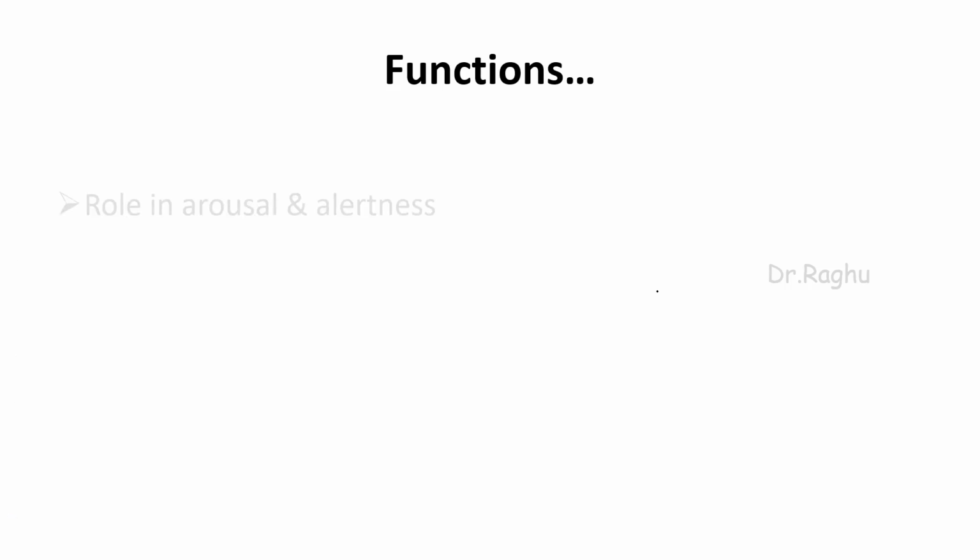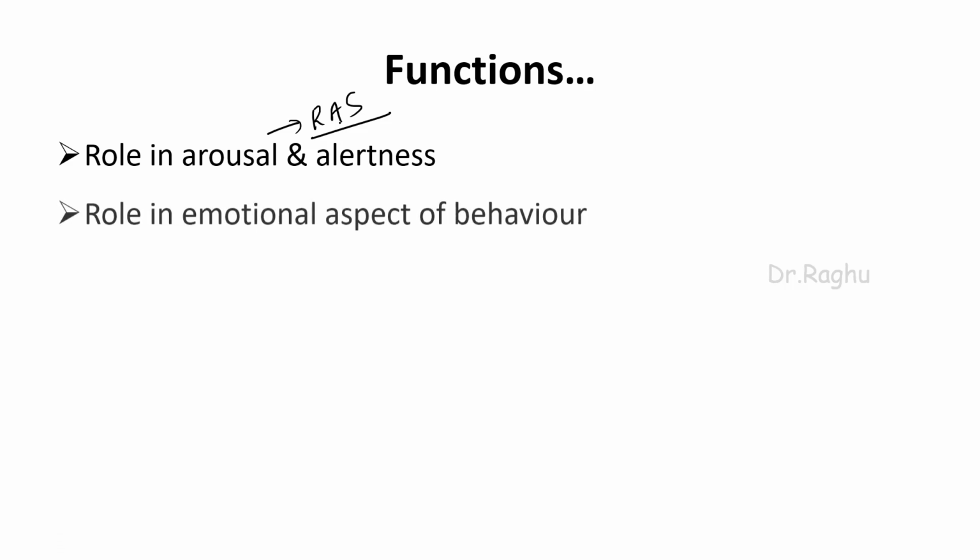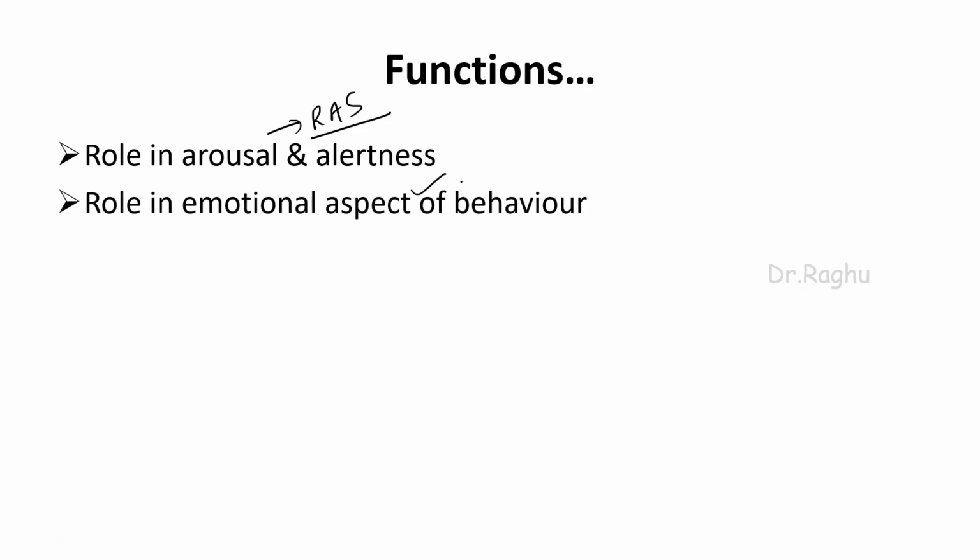Coming to the next function, it has got a function in arousal and alertness. Why? Because it is having connection with what is called the reticular activating system. Next, it has got a role in emotional behavior of the person. Why? Because of its connections with the limbic system, and we have dedicated nuclei which are forming part and parcel of the connections of the limbic system.